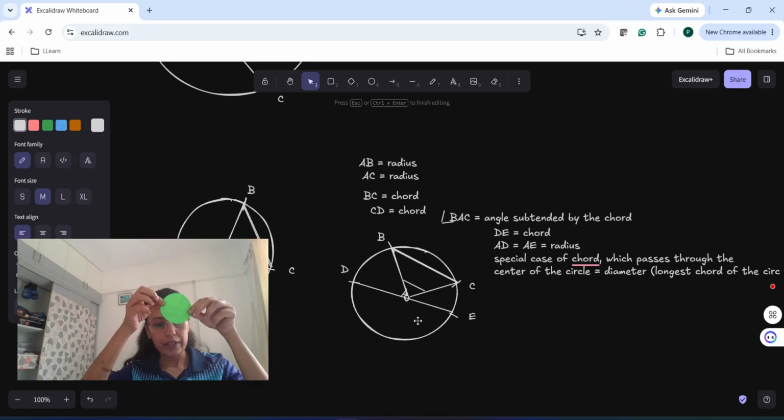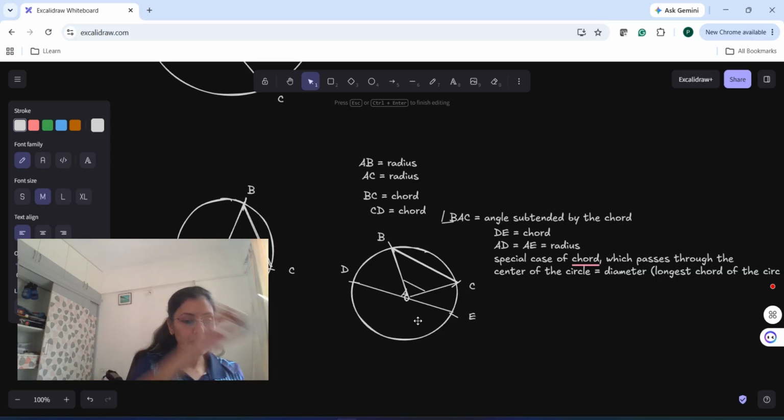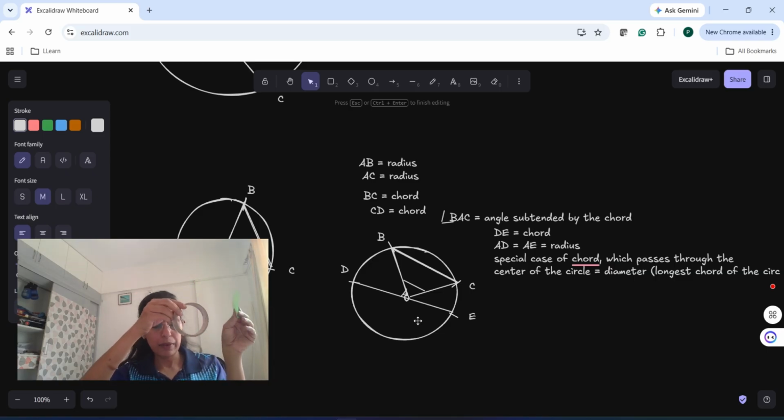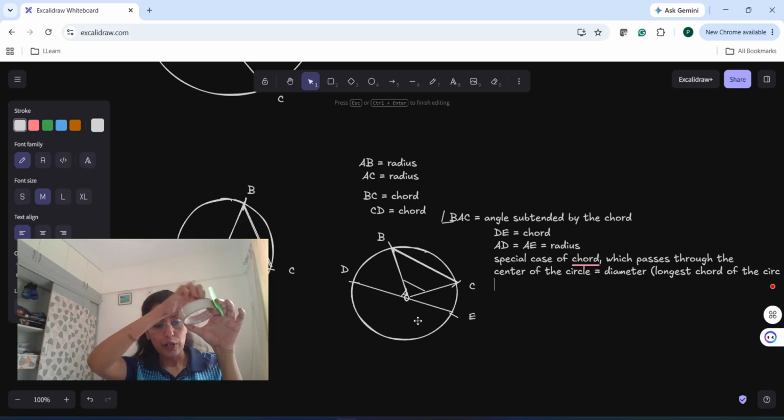I took this cello tape, put it on the paper, drew the outline, and then cut it out. This way, I don't know what the center or the diameter of the circle is. So what do I do in this case?